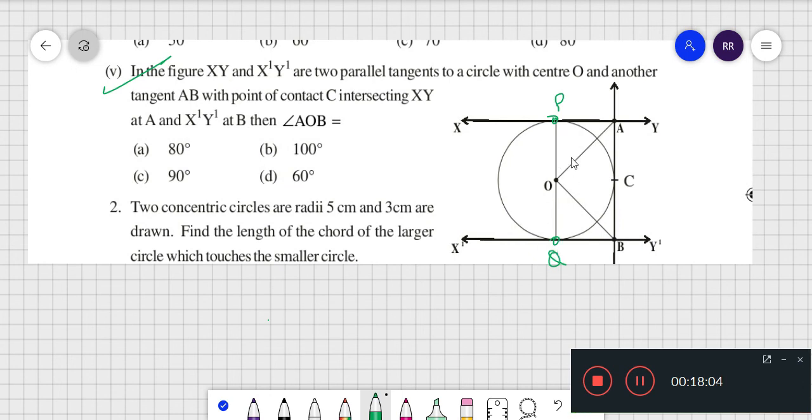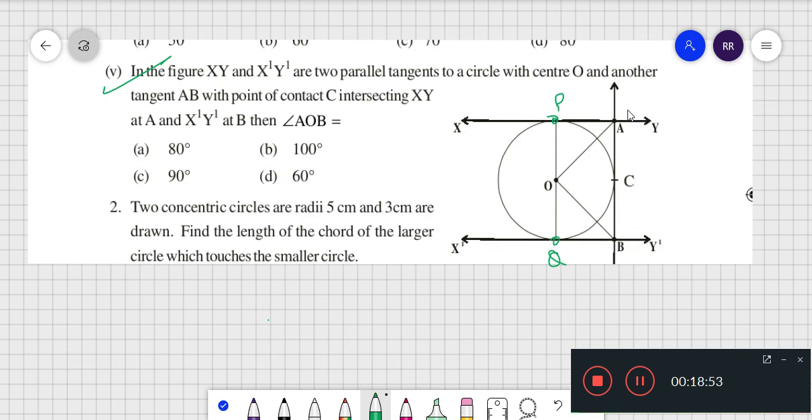PQ becomes the diameter of a circle with center O. This is the center O. And another tangent AB, with point of contact C. This is the point of contact C, intersecting XY at A. This line intersects X dash Y dash at B. Got it?